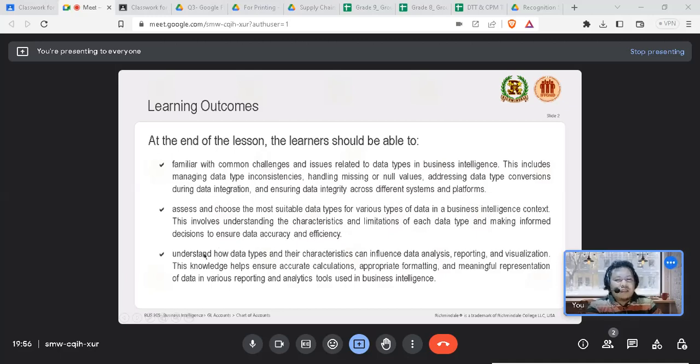Number three, understand how data types and their characteristics can influence data analysis, reporting, and visualization. This knowledge helps ensure accurate calculations, appropriate formatting, and meaningful representation of data in various reporting and analytics tools used in business intelligence.